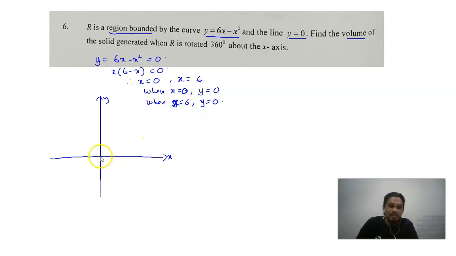So it means that here, I don't think that we need to clear this because it's very clear here, y equal to 0. So when x equal to 0 and 6, y is already 0 here.